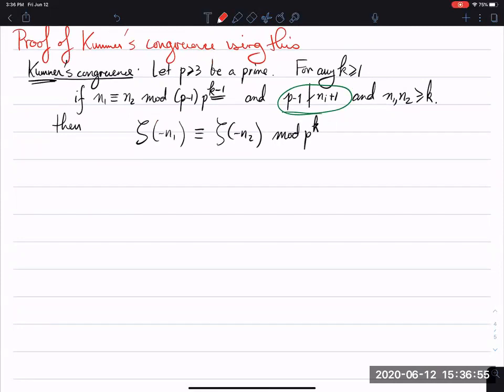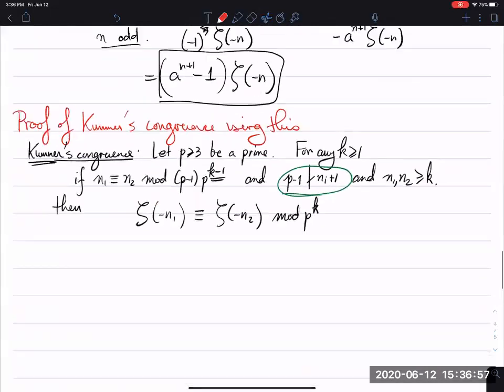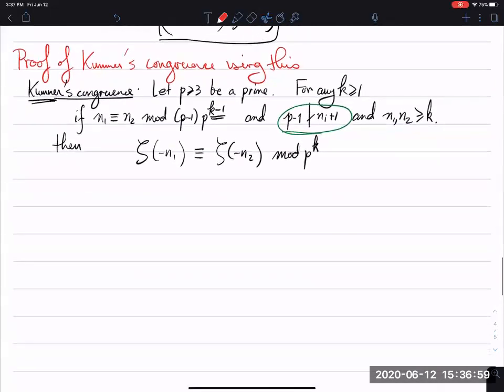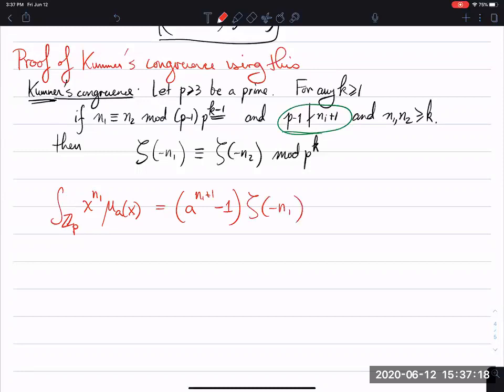Well, by the theorem, we know that if I integrate, it's the same measure. I want to choose a as before. If I integrate x to the n1 mu a x, that's equal to a to the n1 plus 1 minus 1 times zeta of minus n1.